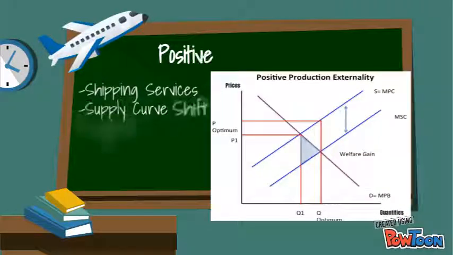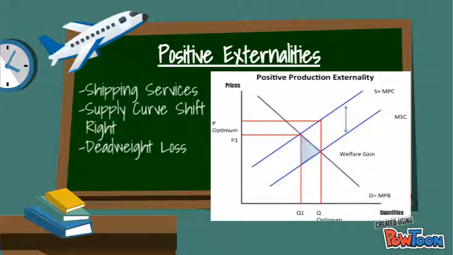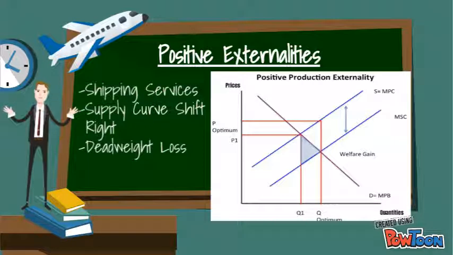The positive externality of the airline industry is shipping service. This technology advance creates a spillover benefit and makes the MPC curve shift right to the MSC curve, and it will create a deadweight loss in the gray triangle.